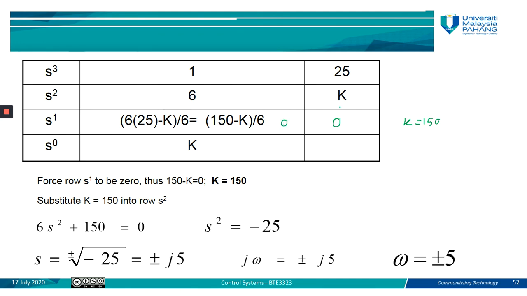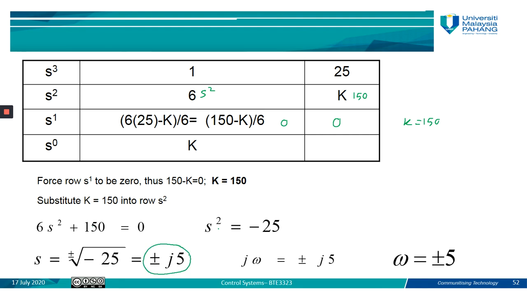So we substitute k equal to 150 and write the equation for s squared, which will be 6s squared plus 150 equal to 0, so s squared equals negative 25, and s equals the root of negative 25, which is plus or minus j5.